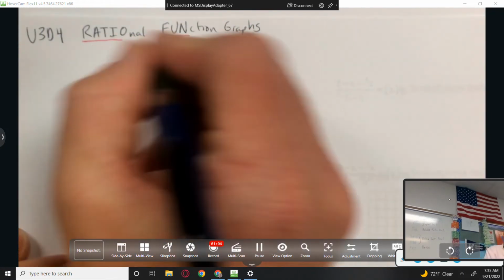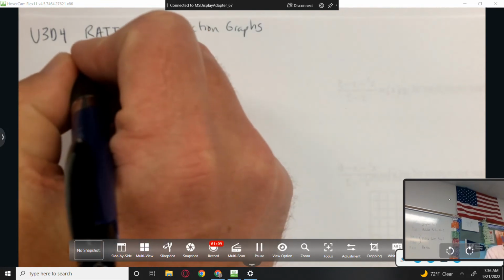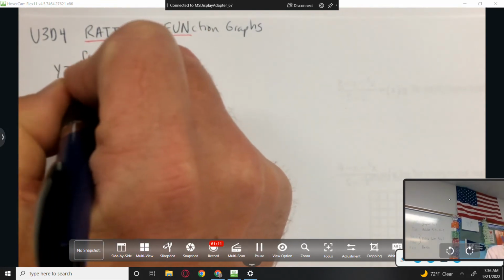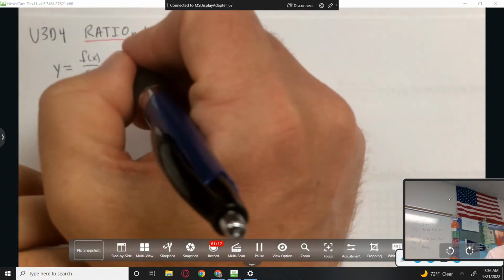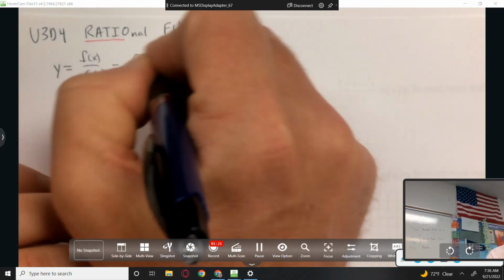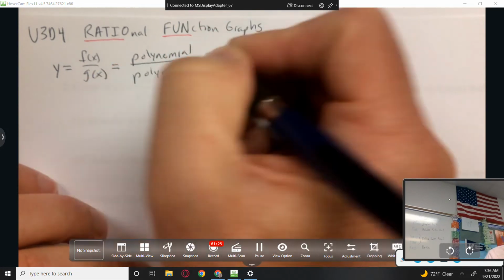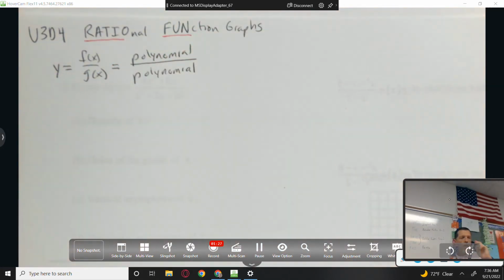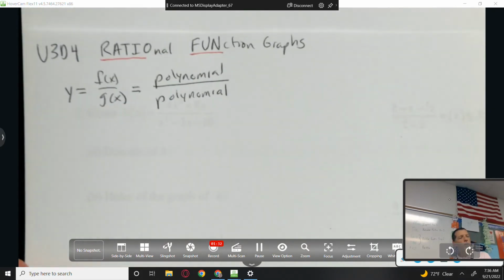So a rational function is a function that is f of x over g of x, where they're both polynomials. So one polynomial over another. What is a polynomial again?